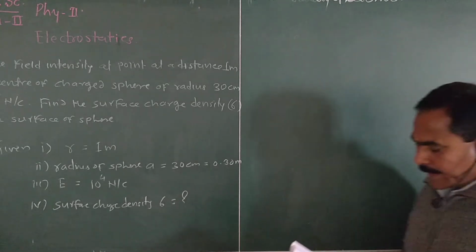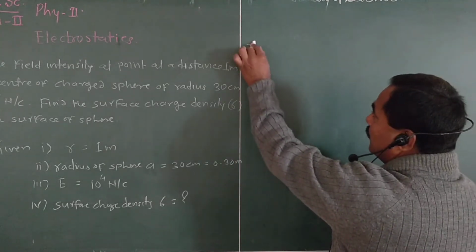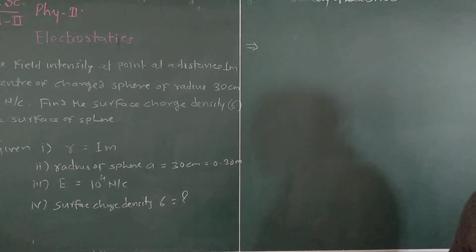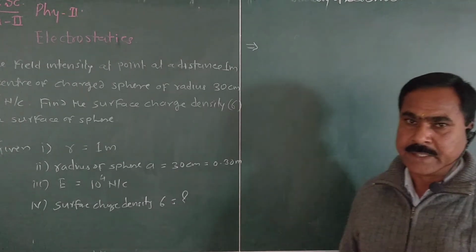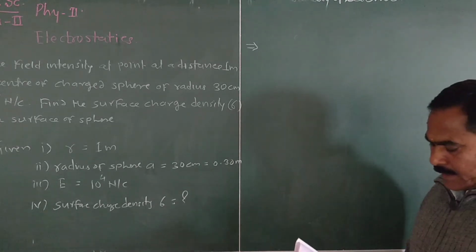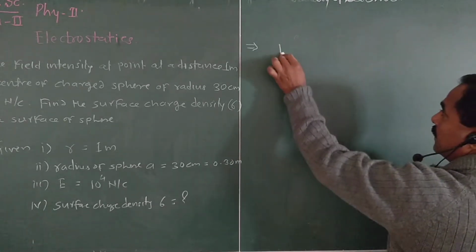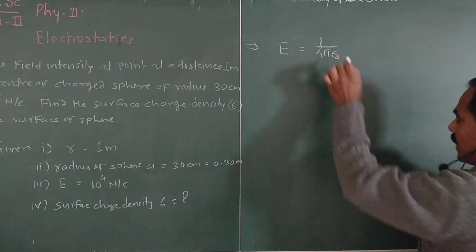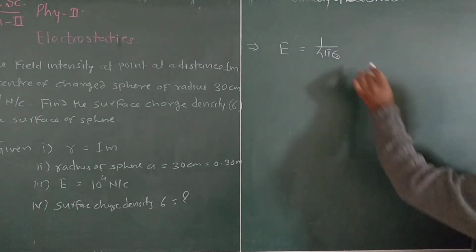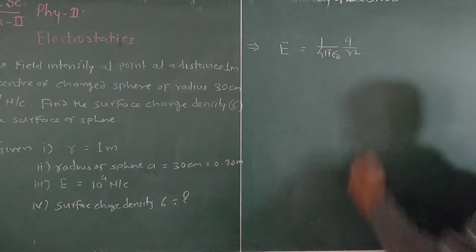Then we write the formula. The magnitude of electric intensity at distance r is given by the formula E equal to 1 upon 4 pi epsilon naught Q upon r square.